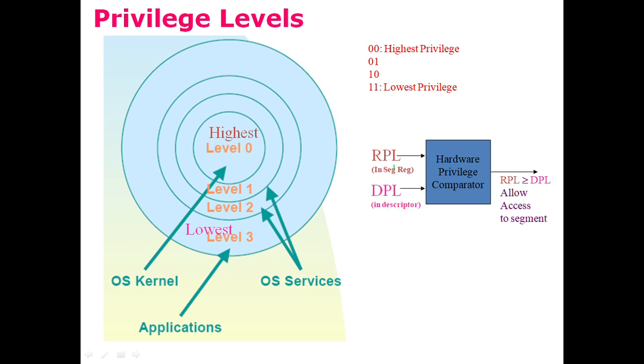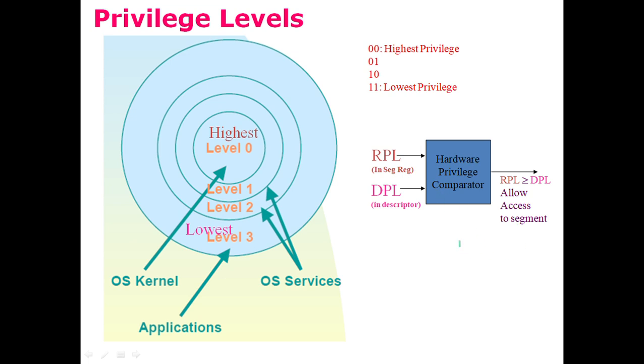So this RPL field describes the privilege level of the request of access to the memory, and this DPL, the descriptor privilege level, describes the privilege level of the segment that is to be accessed.